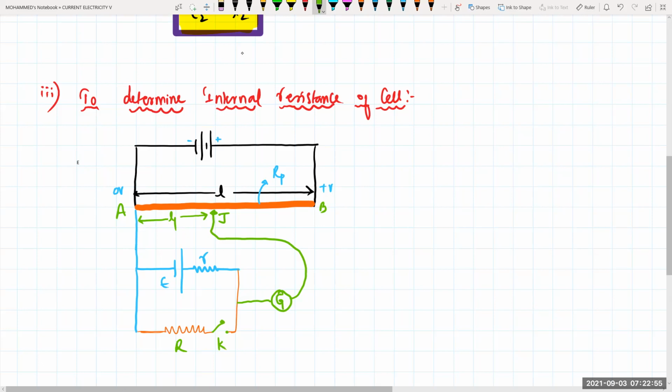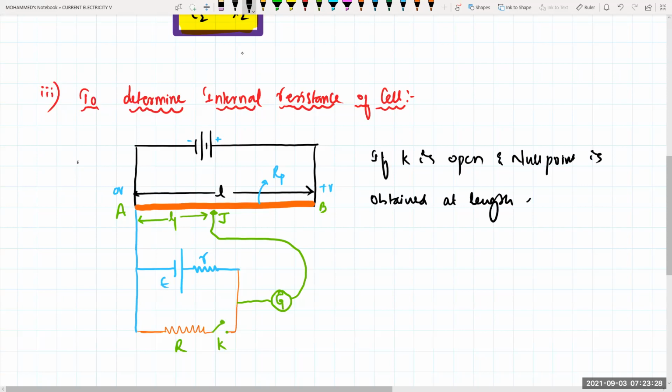Then it might be balancing somewhere at a length of, say, L1. So if K is open and a null point is obtained at length L1, only internal resistance is there, no external resistance connected.